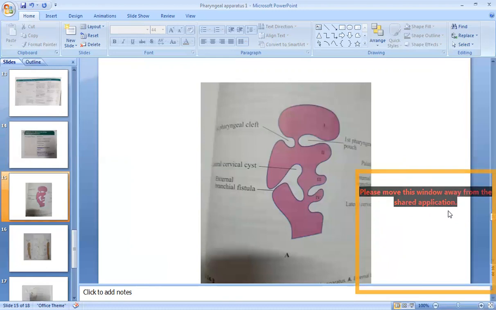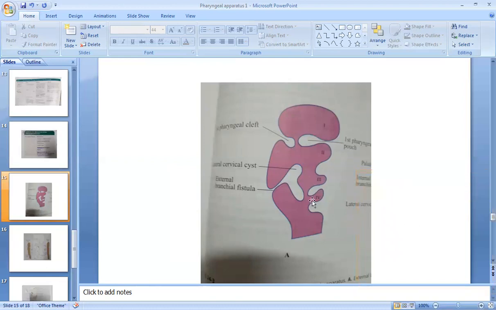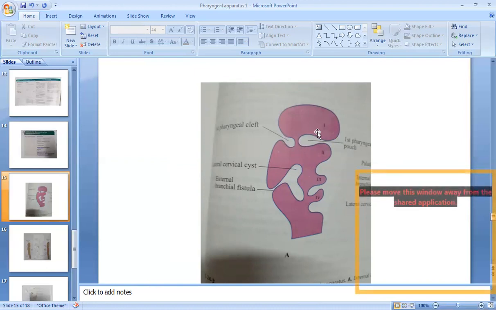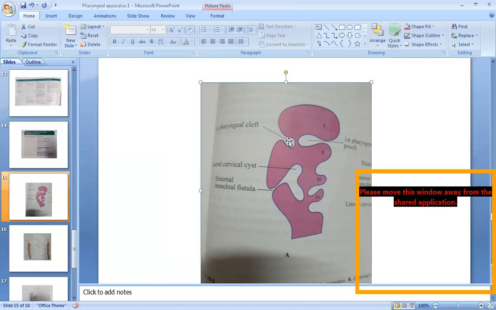Here you can see some abnormalities of development. This is the normal picture: the first pharyngeal pouch and the first pharyngeal cleft, and this will ultimately develop into the tympanic membrane and the tubotympanic recess. I told you that the first cleft is this.